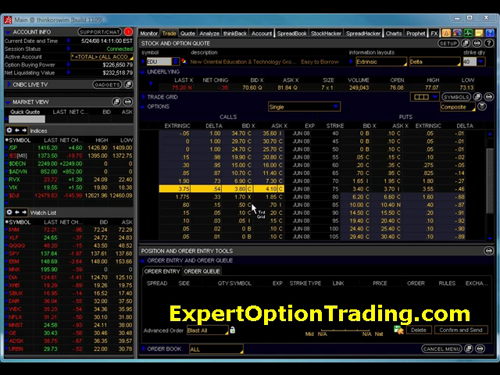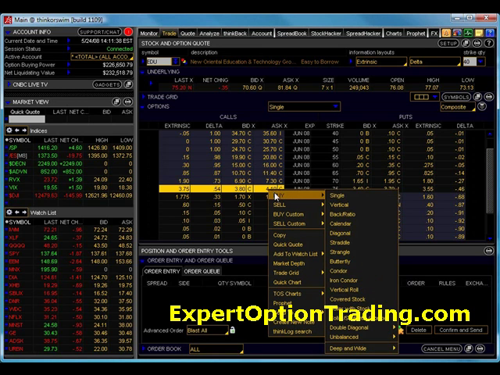So the sale of a vertical spread involves the sale of an option and the purchase of an option, just like a regular vertical spread. The only difference is, instead of buying one at a lower strike price if we're doing calls and selling one at a higher strike price, we reverse the process and we sell the one at the lower strike price and buy the one at the higher strike price.